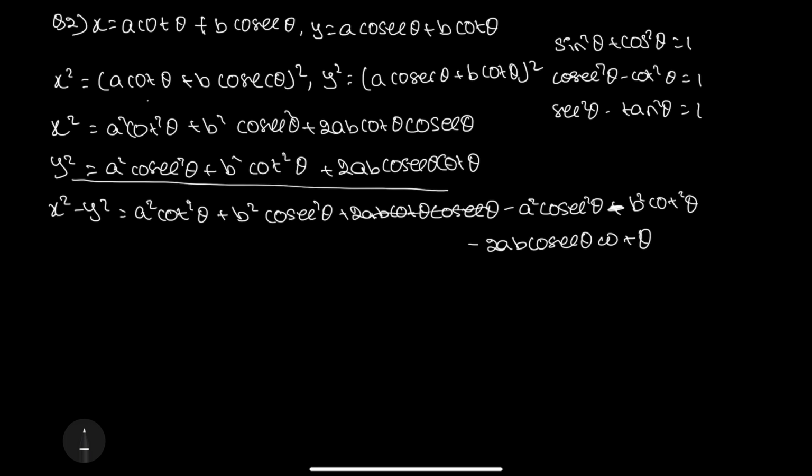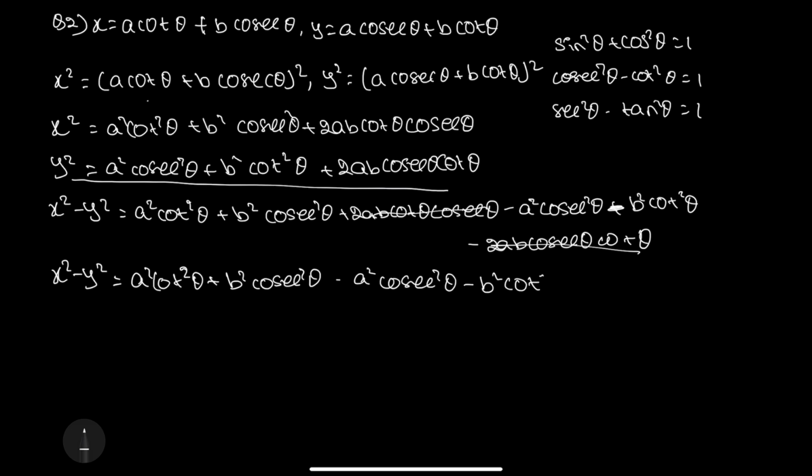So this plus and minus gets cancelled. Our remaining values are x square minus y square is equals to a square cot square theta plus b square cosecant square theta and minus a square cosecant square theta minus b square cot square theta.